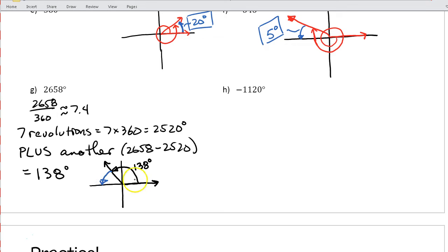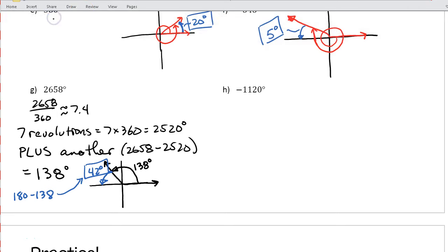I see that my 138 and my reference angle are going to add up to 180. So if I just do 180 minus 138, that's going to give me my reference angle of 42 degrees. They can get a little complicated if you have a very large angle.